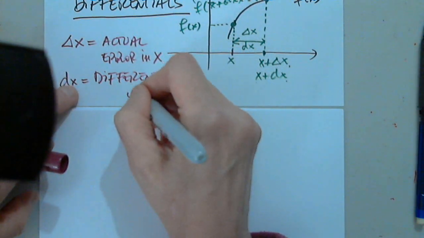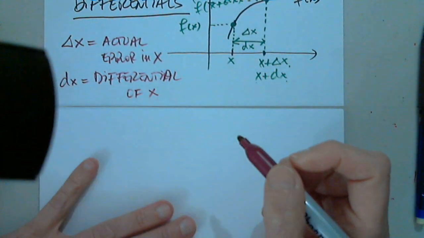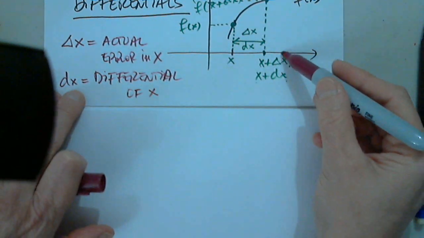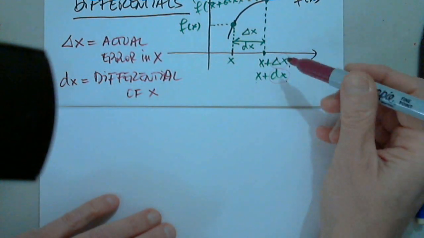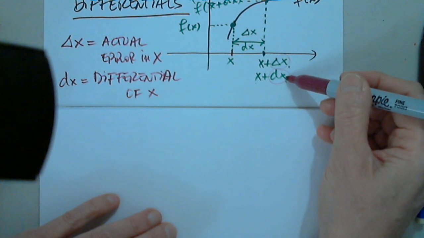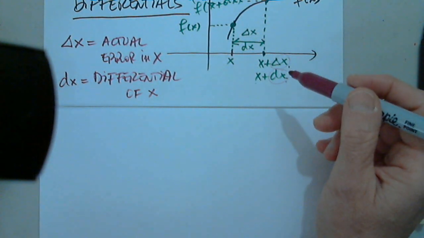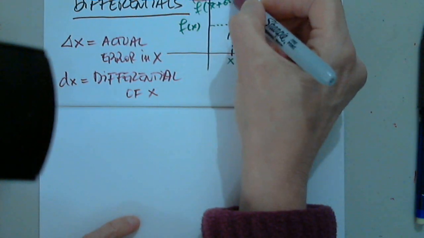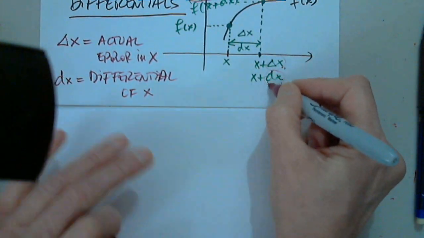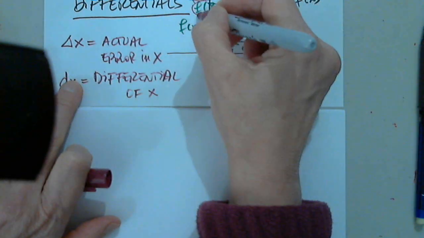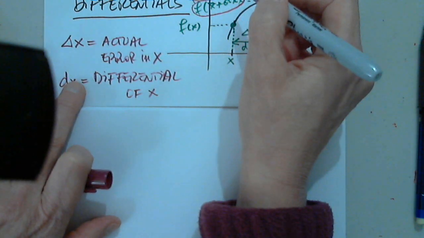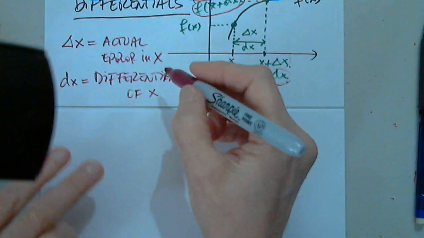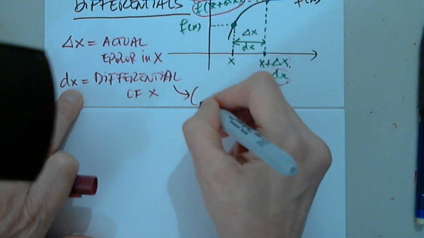Differential of x. So why do we use two different notations? Why isn't this the same thing? Why do we have to use delta x and we use dx? Well, delta x will go with the actual value and dx will go with the approximate value. And dx also involves the derivative.